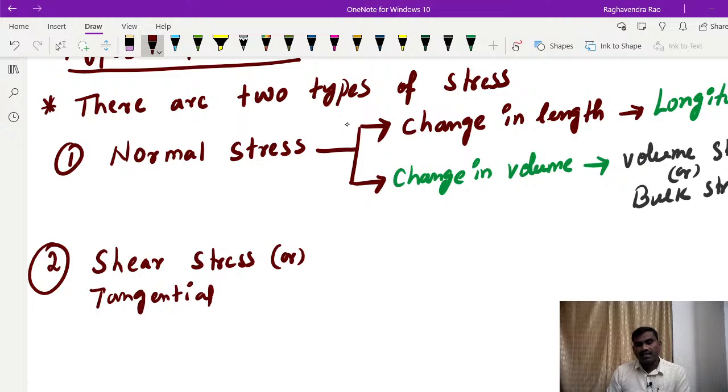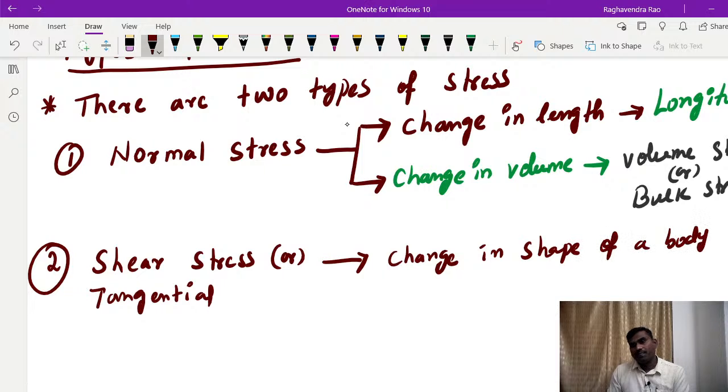Shear stress or tangential stress is the stress which is acting tangential to the surface. This will cause a change in shape of a body.